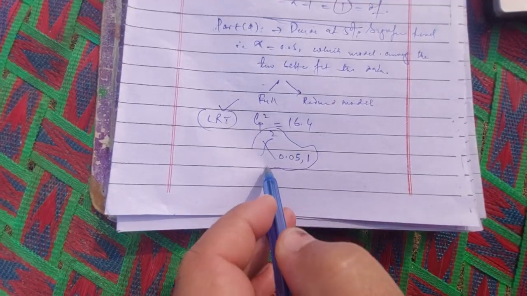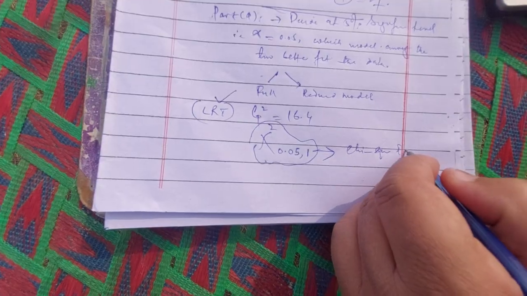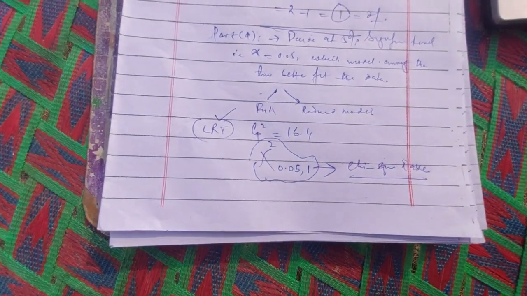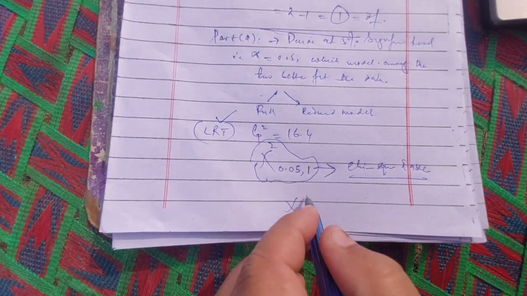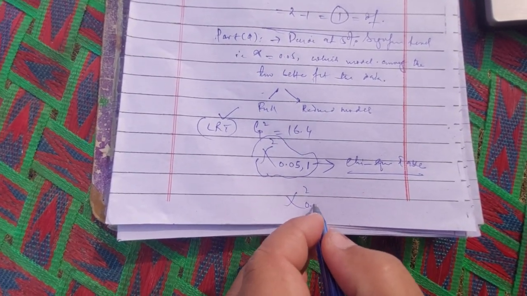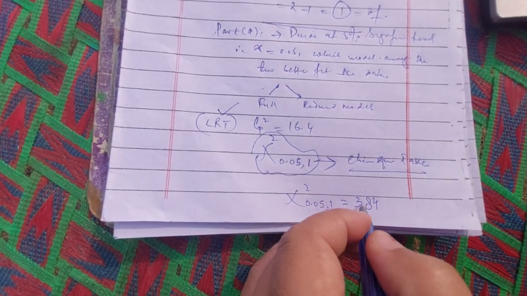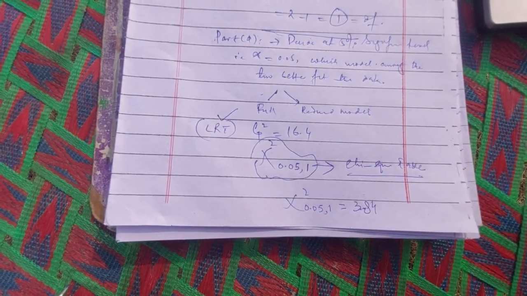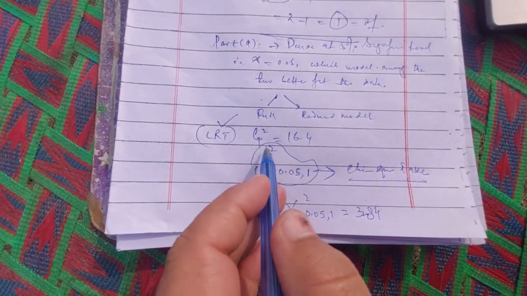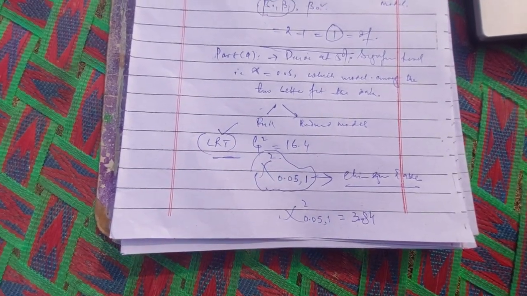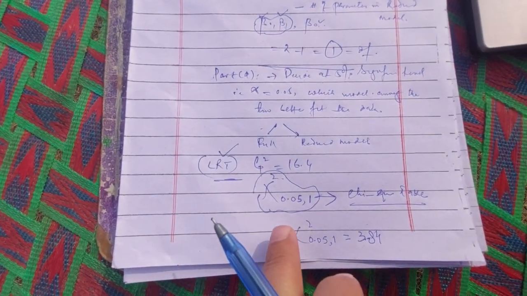So we need to look in the chi-square table. Upon looking, we find that the chi-square value for a significance level of 5% and degree of freedom of 1 is about 3.84. Now we compare this value with the likelihood ratio test statistic.